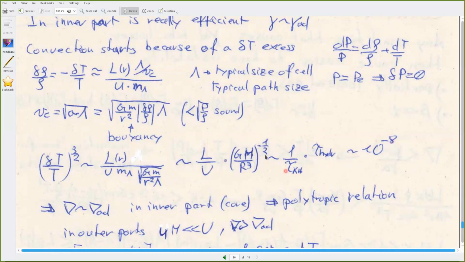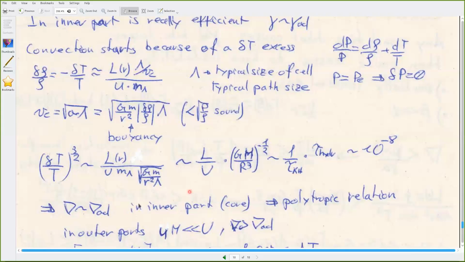So in the inner part, where we can do this kind of approximation, the differences are not so great between the cell and outside. That means that when convection starts, the gradient of the star is essentially the adiabatic gradient in temperature.